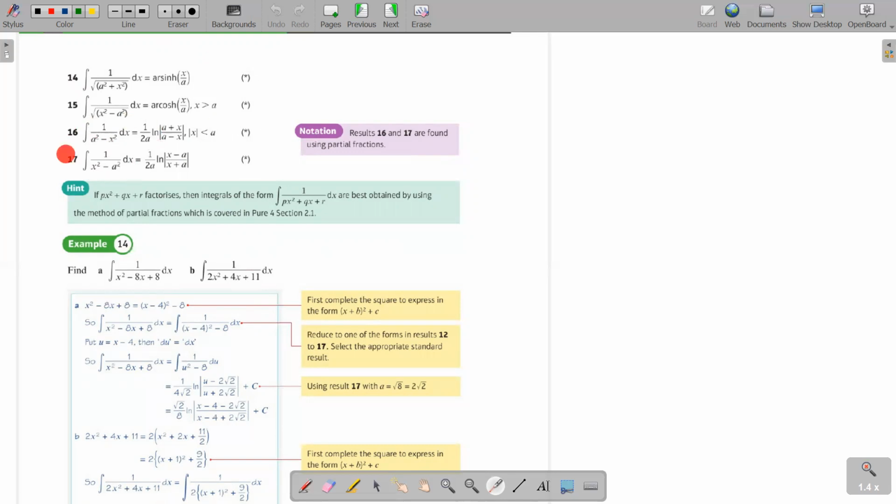So now make a note of these 2 rules as well. As you can see with the asterisk mark, it mentions that these rules are available in your formula book as well. Okay, so make a note of it in your writing book because you need to add these into your set of rules. So you can see now the rules have extended to 17 rules. So now we are working with 17 rules of integration in this lesson. Okay, make a note of it.